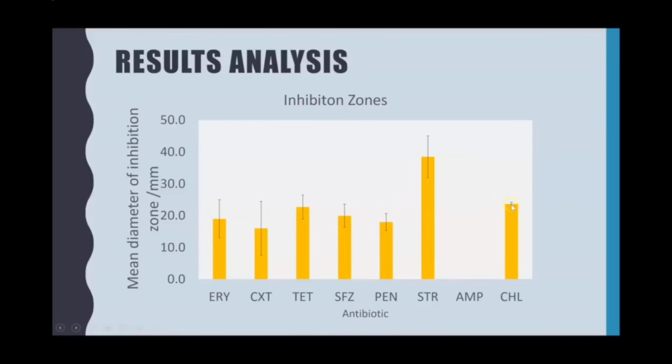Now you'll need to get your ruler definitely to check, does this standard deviation overlap? And I think it might only overlap with a few of them. The main thing though is STR was the antibiotic which had the largest inhibition zone, and even with the standard deviation bar on, there is no overlap with any of the other antibiotics.